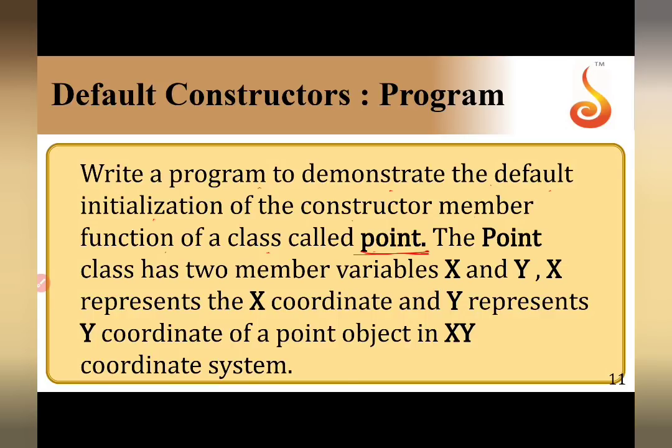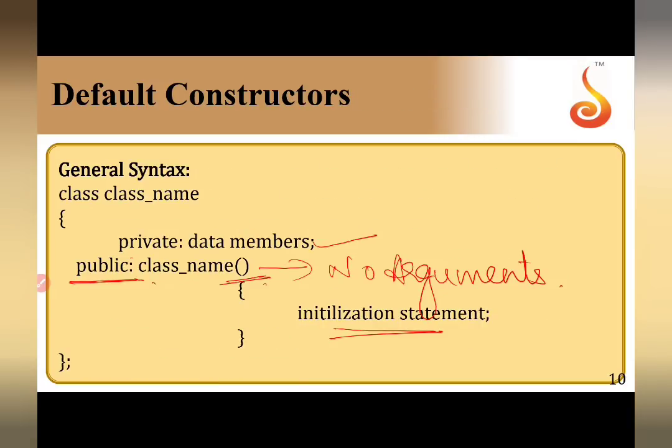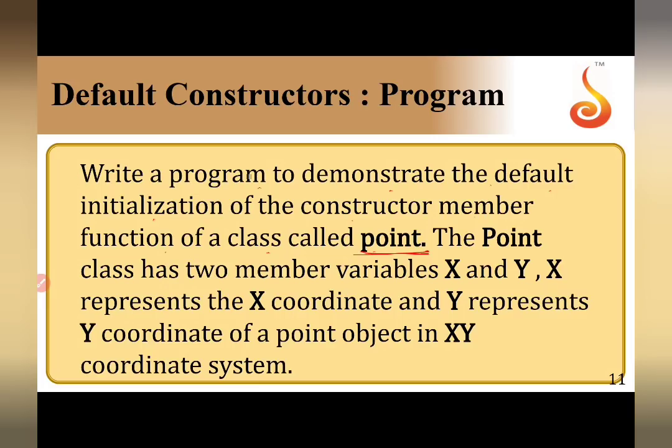The constructor name also will be point, since the name of the class and the name of the constructor should be same. The point class has two member variables, x and y. So x and y are the two data members of the class point, where x represents the x coordinate and y represents the y coordinate of a point object in the x and y coordinate system.